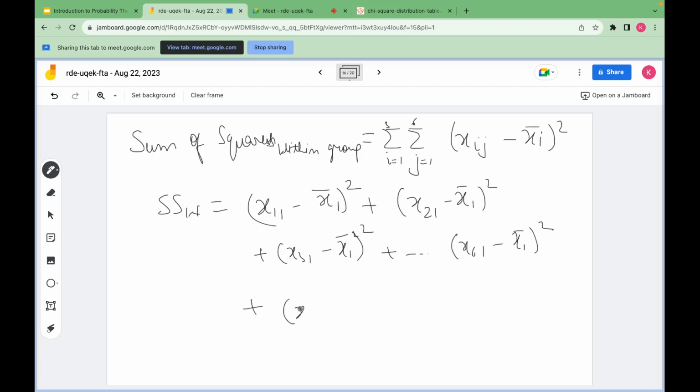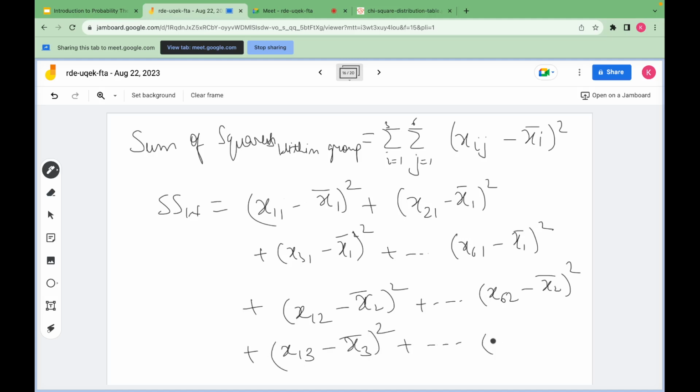Then we will add x12 minus x2 bar square. We started for group 2. We will go up to x62 minus x2 bar whole square. Then we move to group 3, which will be x13 minus x3 bar whole square plus up to x63 minus x3 bar whole square.